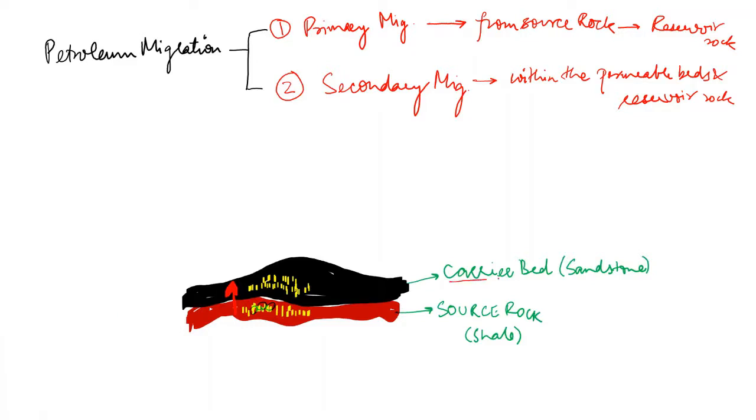So the carrier bed only forms the reservoir rock. So what has happened? There has been a vertical movement from the source rock to the carrier beds or the reservoir rock. This is called primary migration.